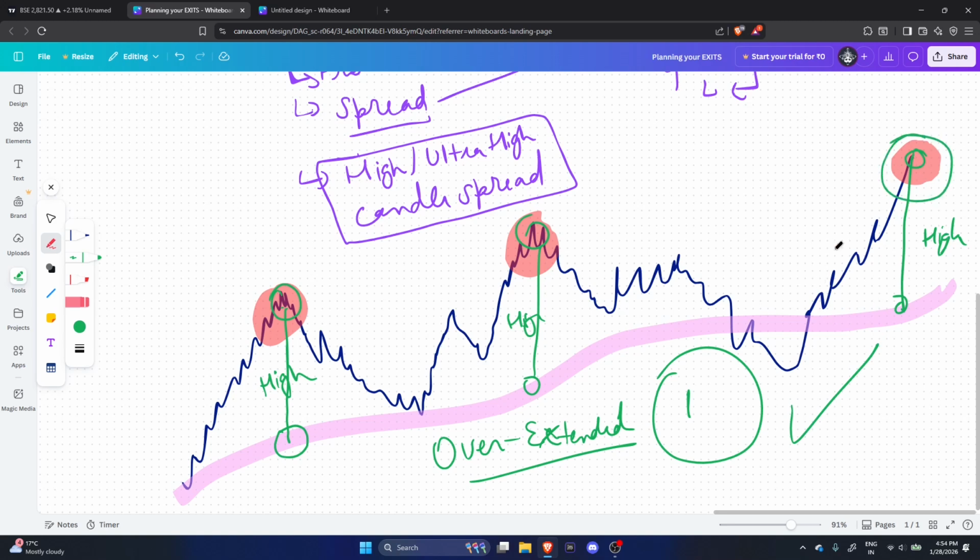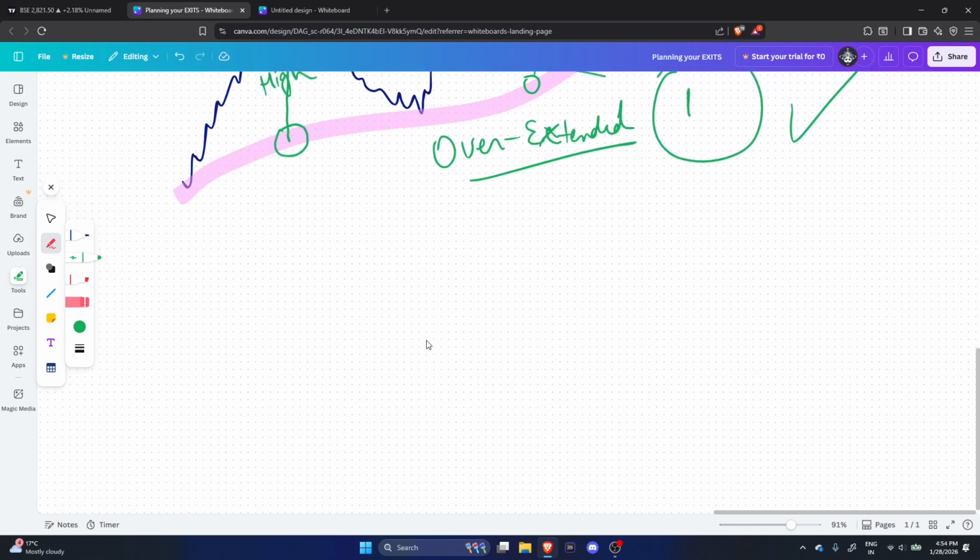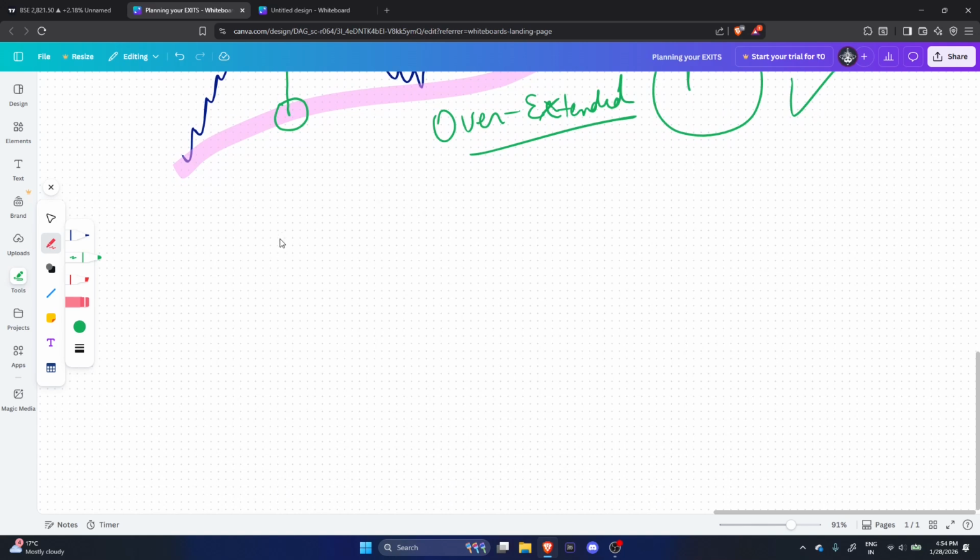In the same place, when the market is overextended, only then will we jump to the second criteria, which, if you remember, is effort, volume. So let's say this is your volume indicator. Volume is something like this.